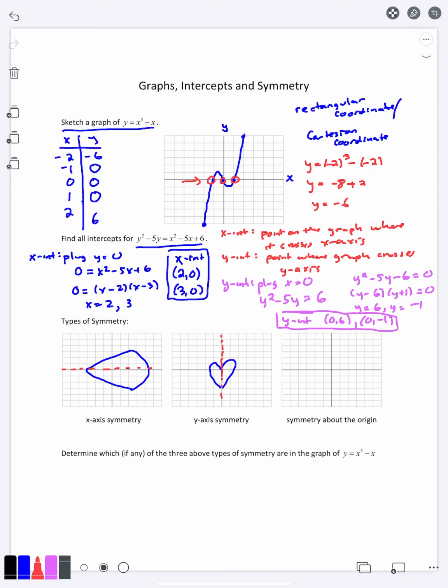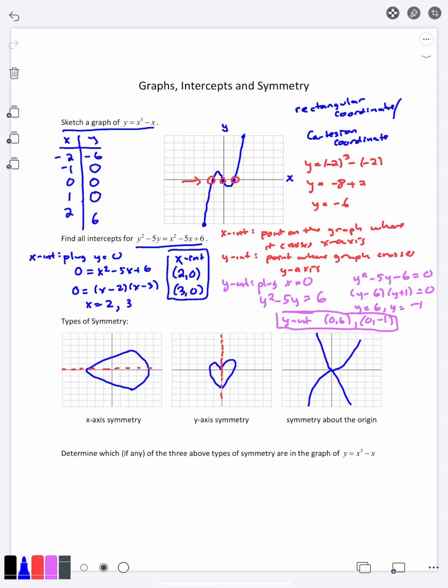The origin symmetry is not as easy to see visually, but how it works is that whatever you have going up and to the right from the origin, you also have to have the mirror image that is down and left and so on. So that would be something like an origin symmetry. And if you had something coming down like this, you would need to have the corresponding shape in the right bottom corner there. So again, the idea is it goes around.